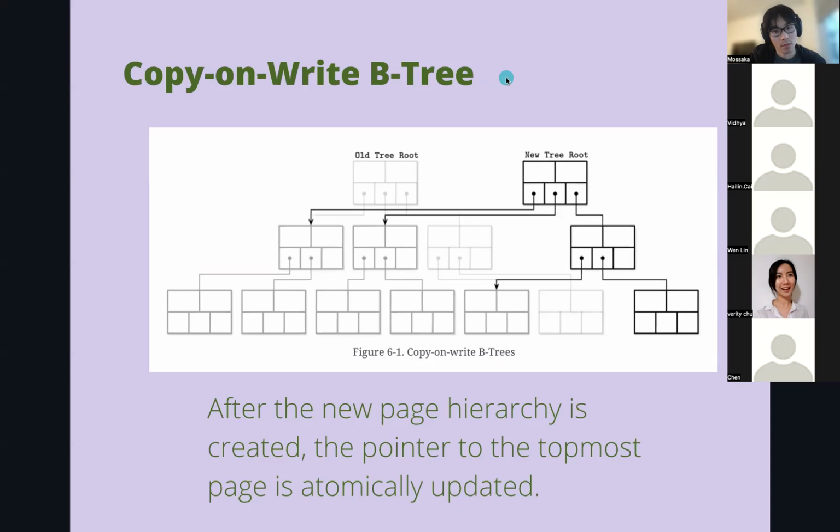You can see from this graph that new pages are being linked into this new tree, and there are also certain areas in the old tree that did not get modified, for example the left corner area of the graph. Those are not being modified, so the new tree can still reuse the unmodified previous pages.